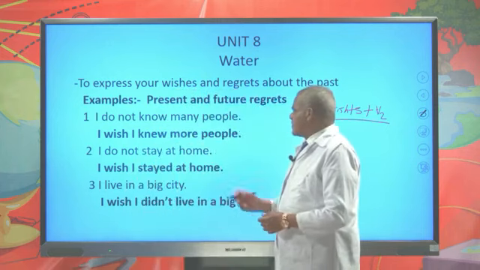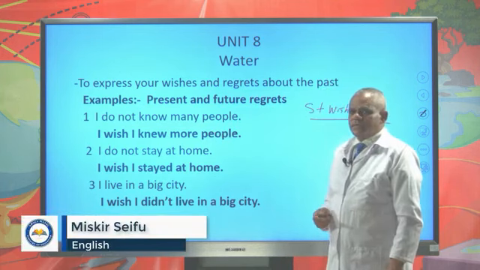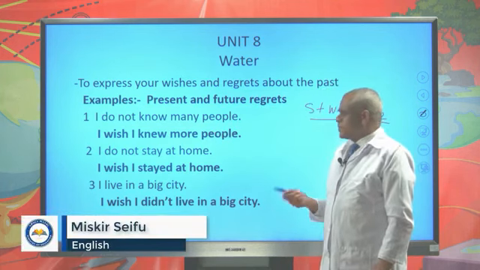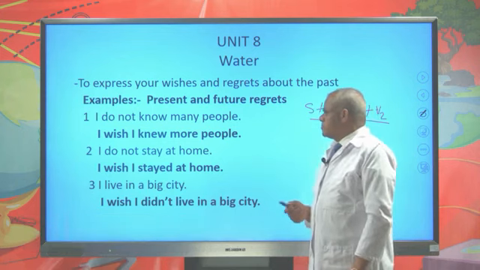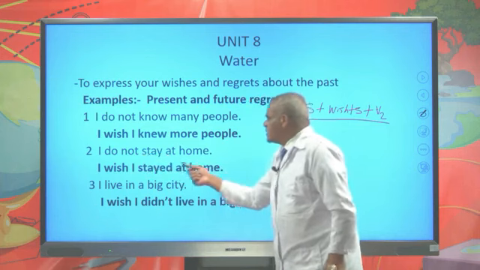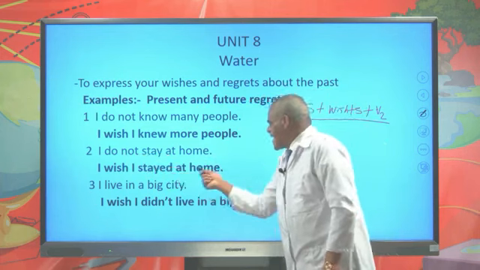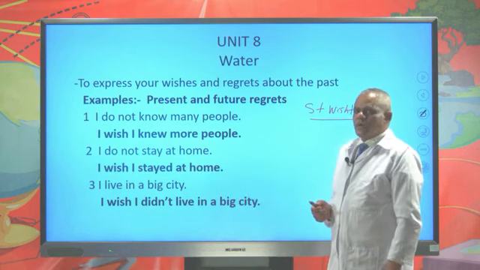So, I don't know many people. I wish I knew more people is a possible way of regretting in the present or future. I do not stay at home. Look, the present verb, whereas when you put it in the wish structure: I wish I stayed at home.